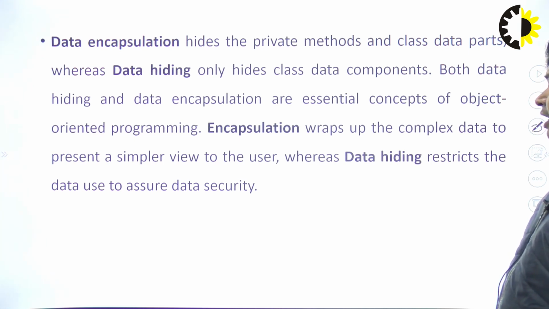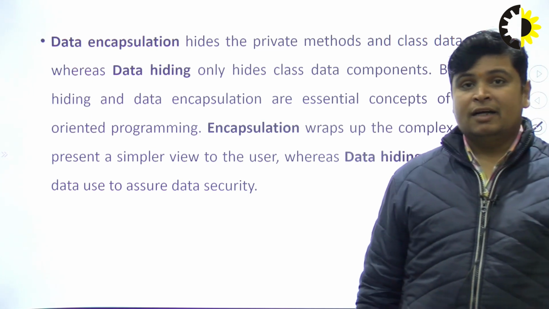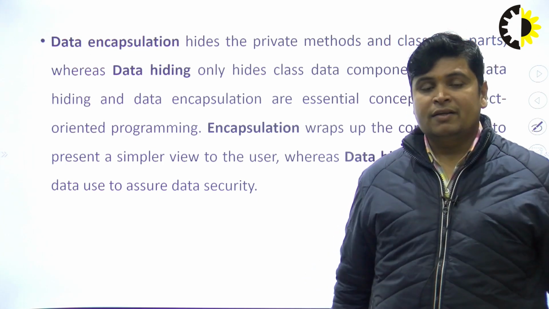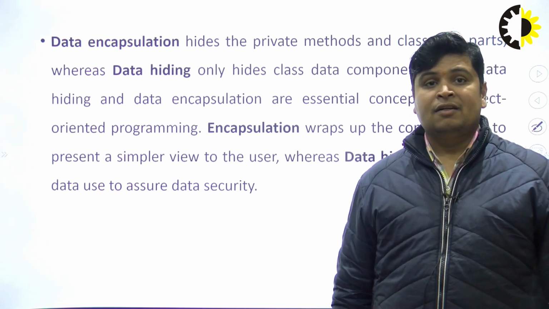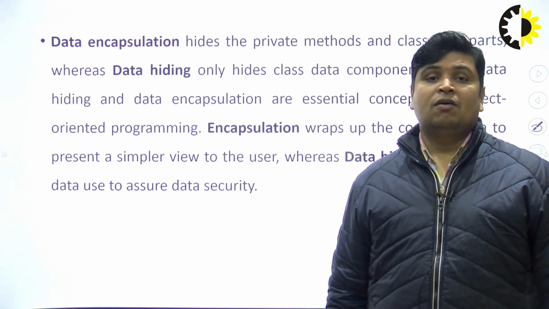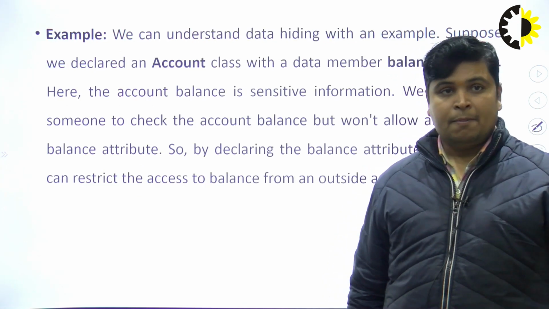And last, encapsulation wraps up the complex data to present a simpler view to the user, whereas data hiding restricts the data use to ensure data security. So basically encapsulation focuses on wrapping up data into a single unit, whereas data hiding refers to how to enhance the security of our application and software.